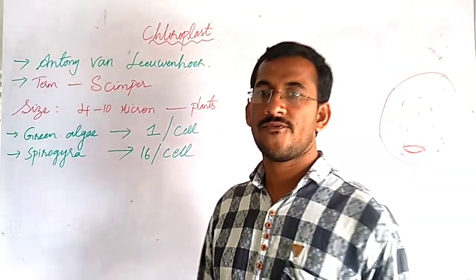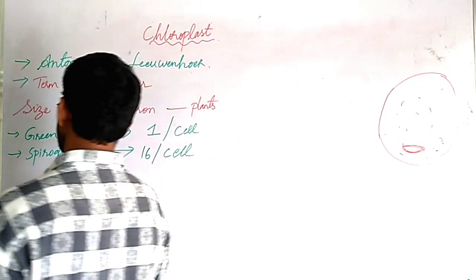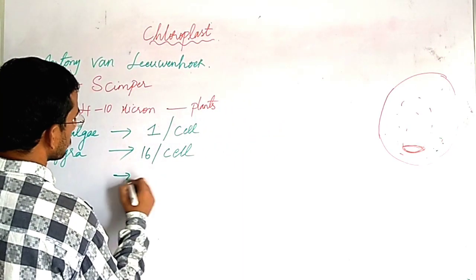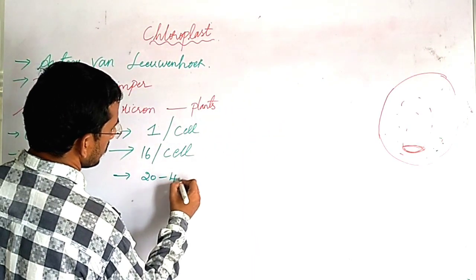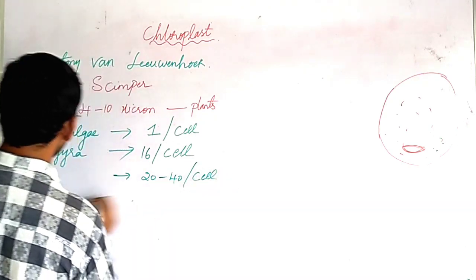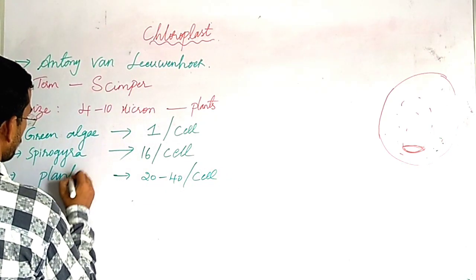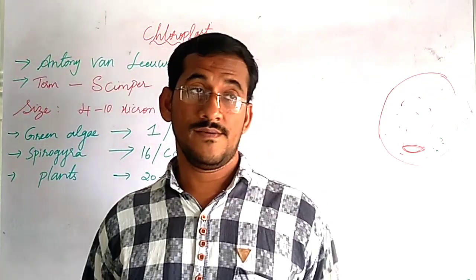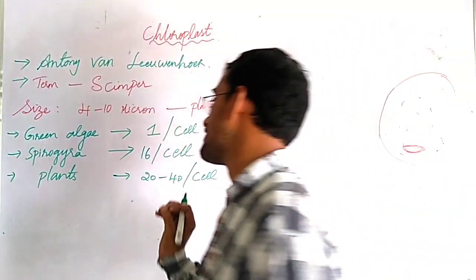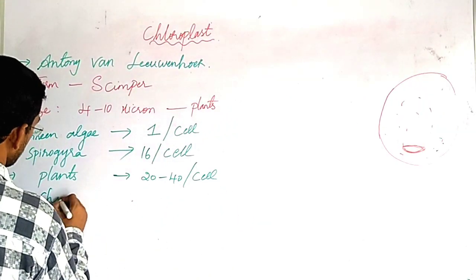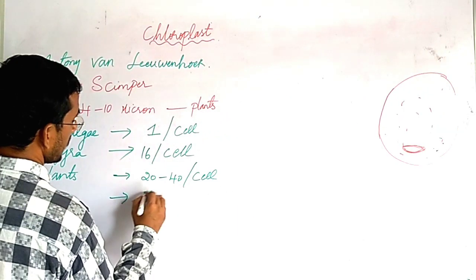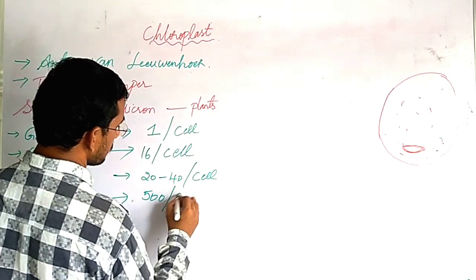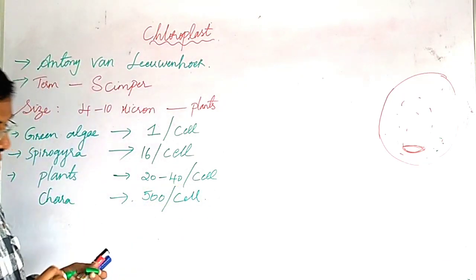In higher plants, 20 to 40 chloroplasts are present per cell. In Chara, 500 chloroplasts are present per cell.